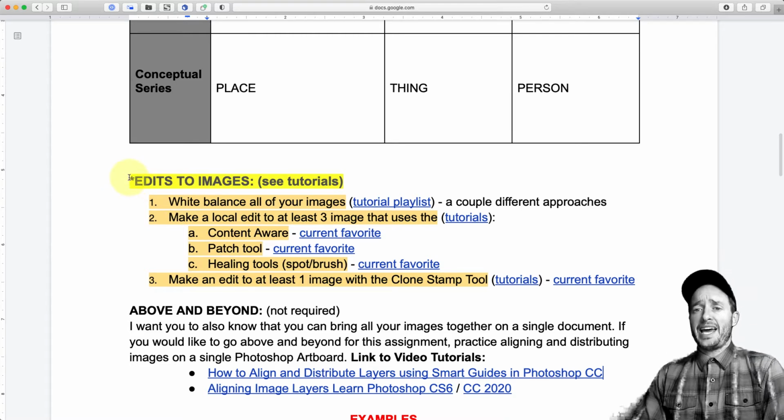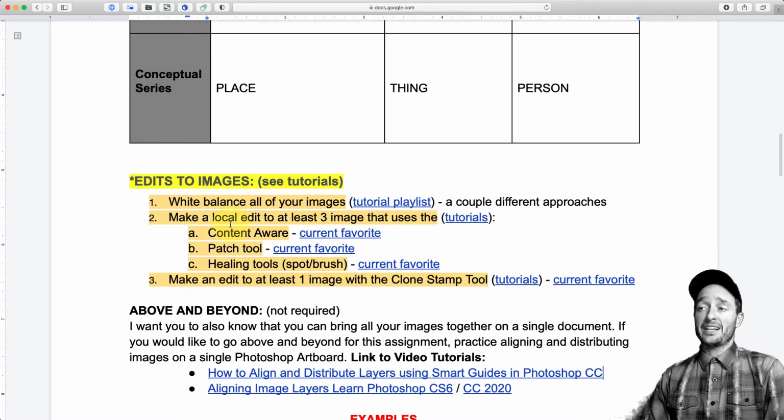When you get to the editing part of this project, I'm going to go through the white balancing of all your images. I'm going to show you some tutorials on some edits I'd like you to make to each of these images using the content aware tool, the patch tool, and the healing tools.